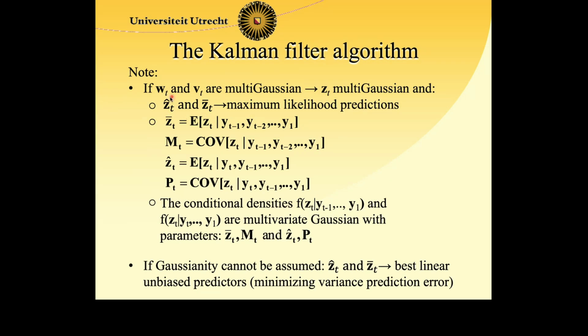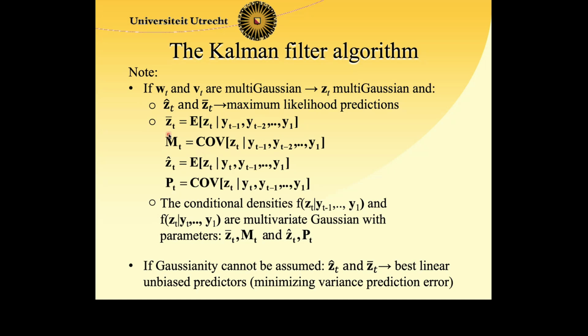So if we insert this in the conditional multivariate probability density function, we get the highest probability density possible. So this is called a maximum likelihood prediction.